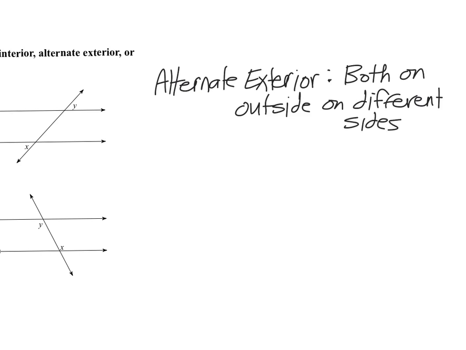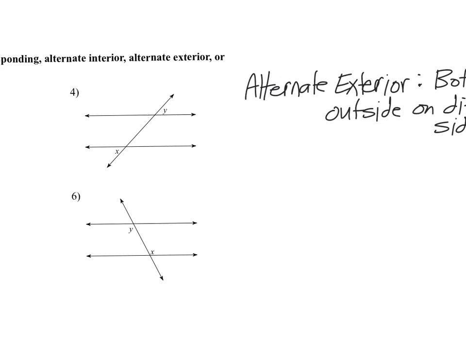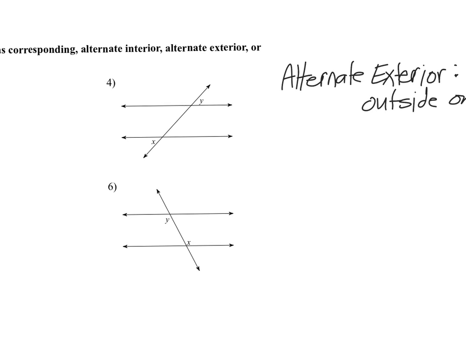Okay, both on the outside on different sides. So let's go back and look. That would be this number 4 here. They're both on the outside of our parallel lines. Okay, they're on the outside, and then they're on different sides of the transversal. So here's my transversal. They're on different sides of it.